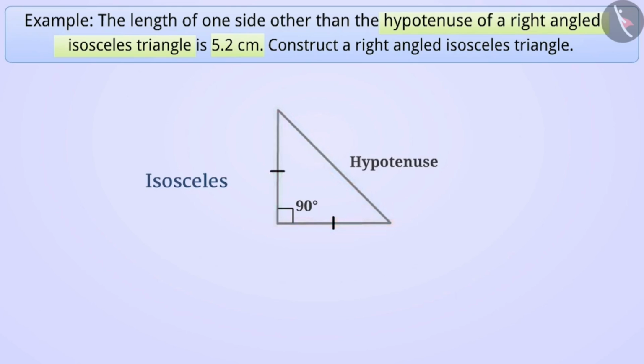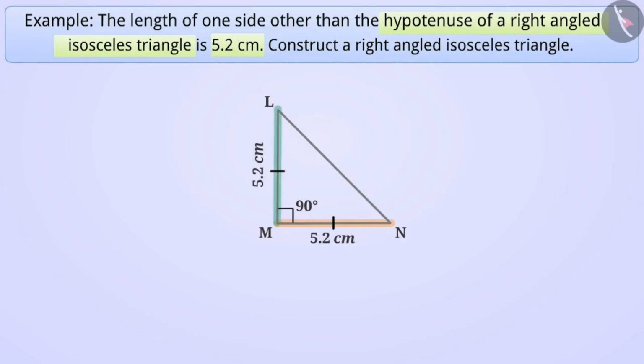In short, we have to construct a triangle LMN where MN is equal to ML is equal to 5.2 centimeters and angle M is equal to 90 degrees. Here we can construct triangle LMN using the SAS criterion.